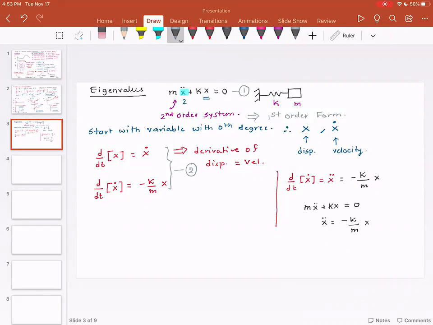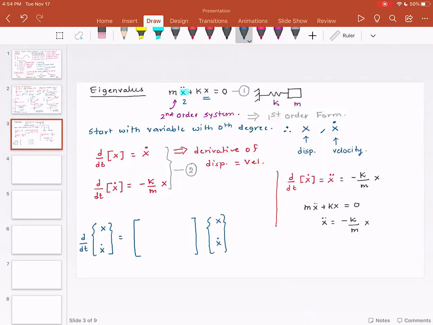Now, some of you may say, hey, what is the advantage of this jugglery? This jugglery is super duper important because that allows me to write this equation 1 into a matrix vector form like this. Check this out. x dot, d by dt is equal to, I have this matrix and I have x, x dot.